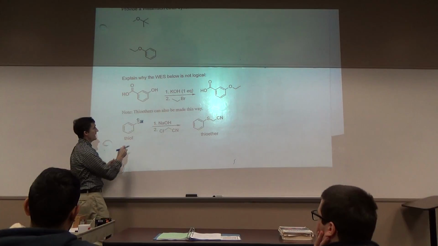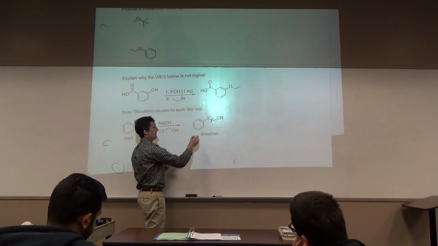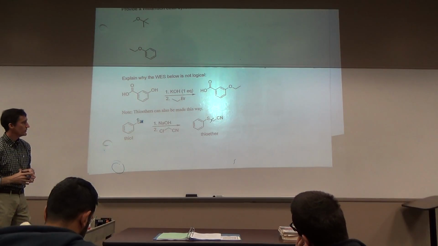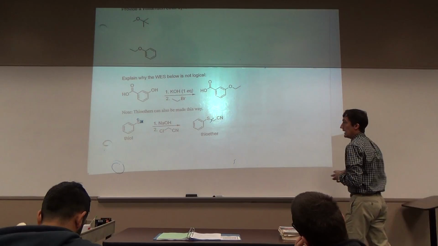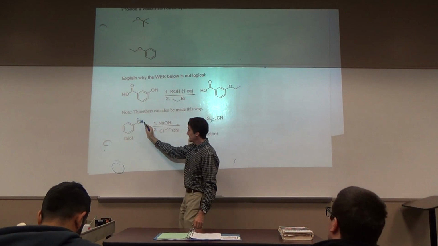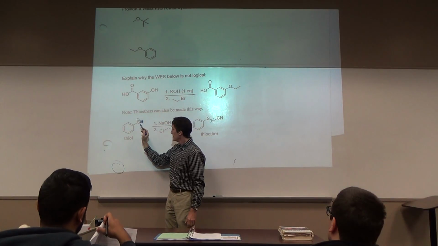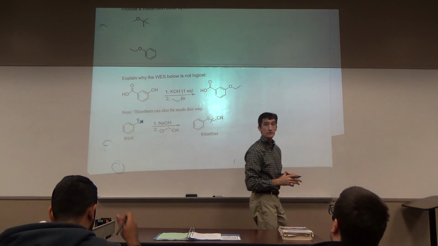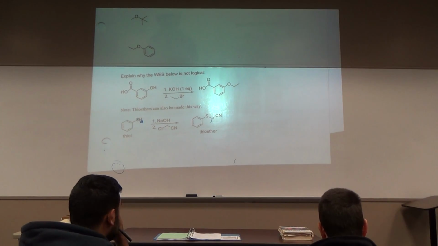Sulfur anion, and then this can come in here and kick off the chlorine. We can make that bond there. So you can also do this with sulfur. And actually, the SH here is more acidic than the OH. Analogous sulfur compounds tend to be more acidic, so they're even easier to deprotonate.